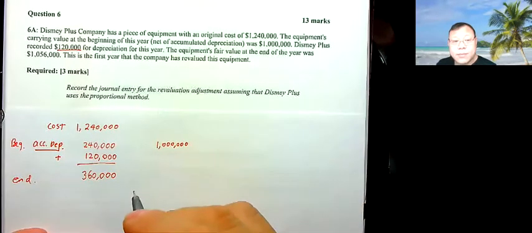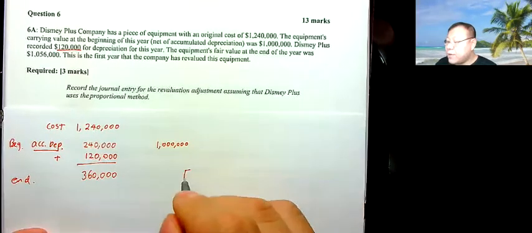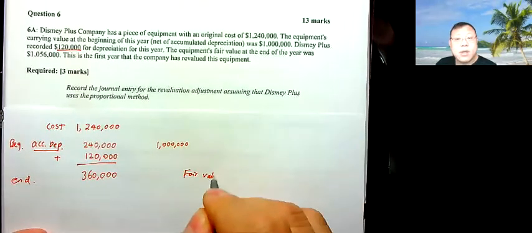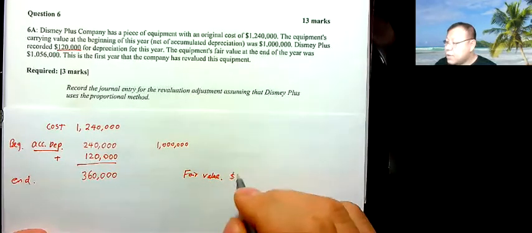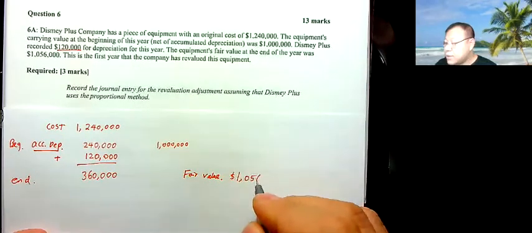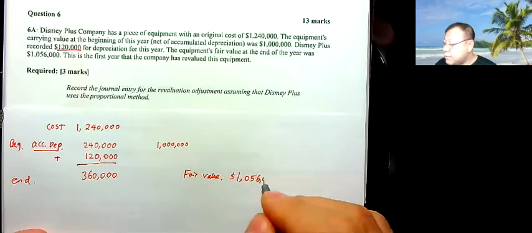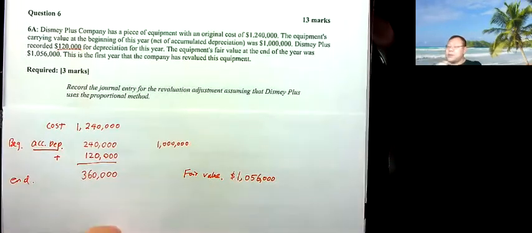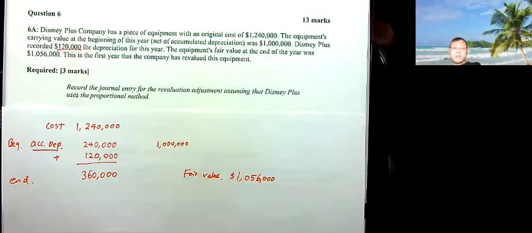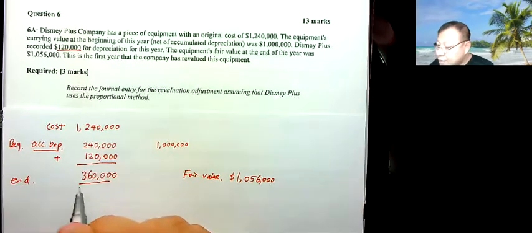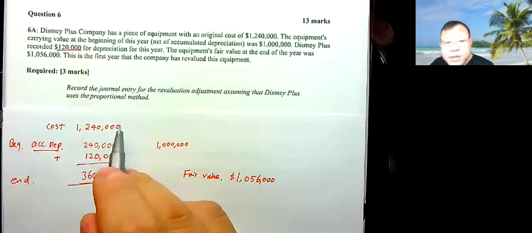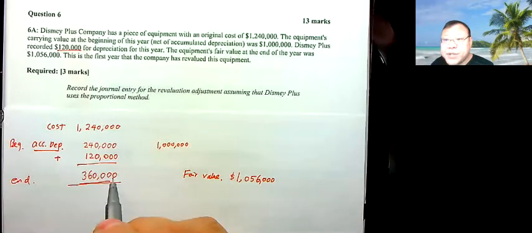Okay. And the fair value at the end of the year is 1,056,000. What's the carrying value at the end of the year? The carrying value is your cost minus your cumulative depreciation.